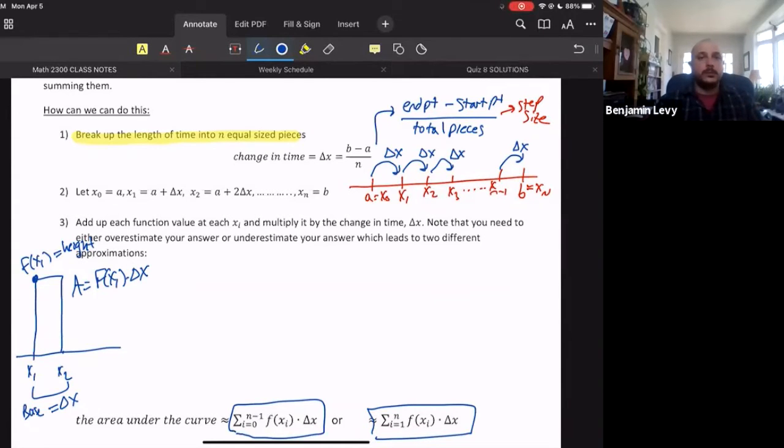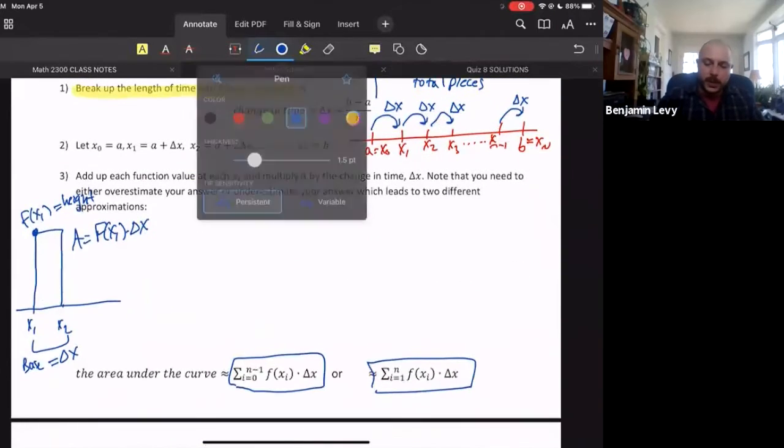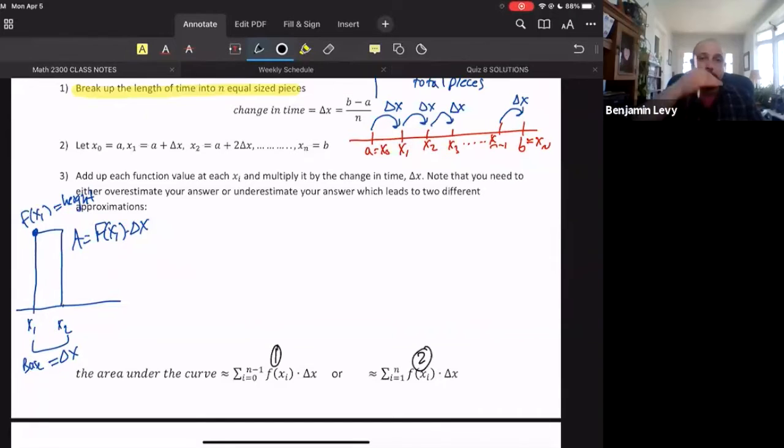Now, I'm going to try to draw that same picture again. Notice how there's two options here, right? There's this number 1 and number 2. What I want to do is draw two pictures that show what each one of these is doing.